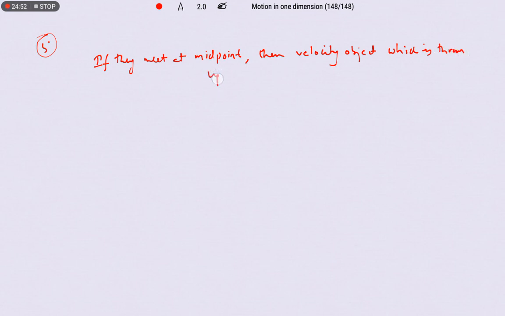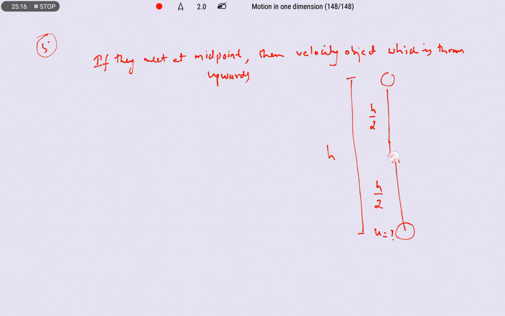Right, so now the object is thrown upwards. We don't know its velocity. So the initial velocity we need to find. So when they are meeting exactly at the midpoint of its journey, suppose the height is h, the distance travelled by the first body is h by 2 and the second body is also h by 2. They are going to meet at a particular point.